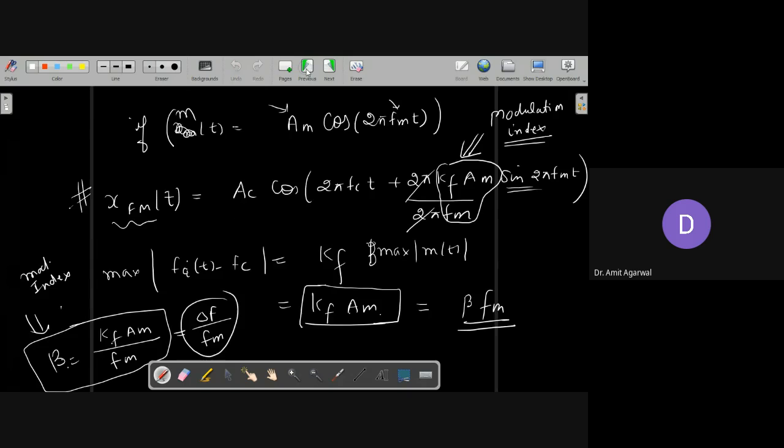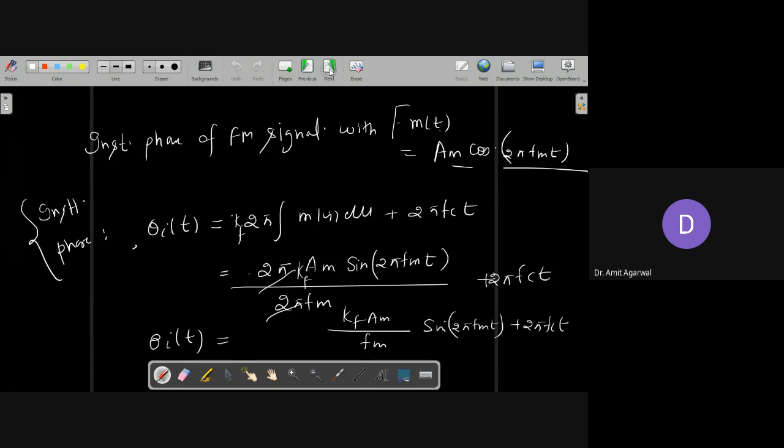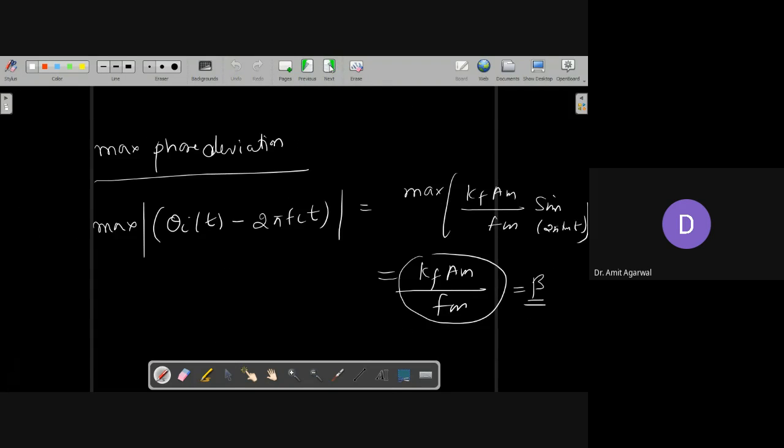Instantaneous phase you know; this is the instantaneous phase. Here we put the value, and after integrating, we get this, right? So what would be your maximum phase deviation? If you evaluate, it would be kf Am by fm, which is nothing but the modulation index.